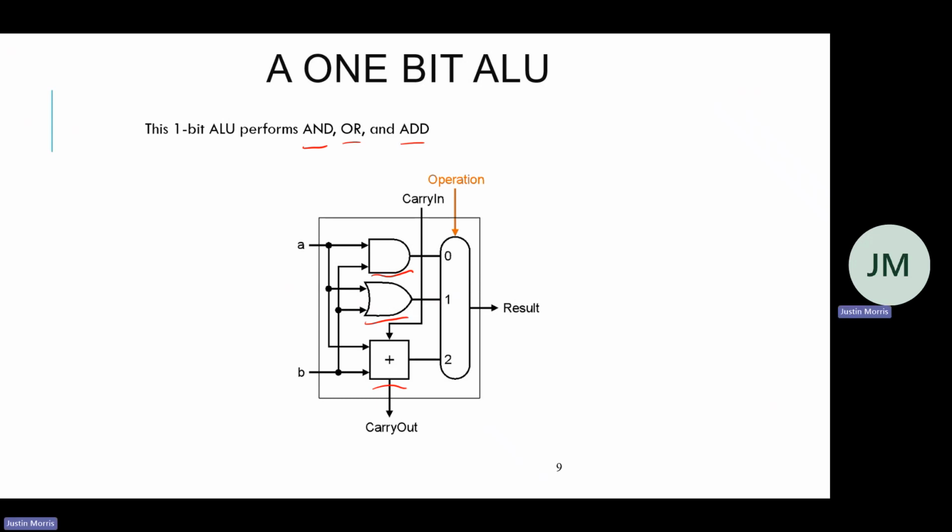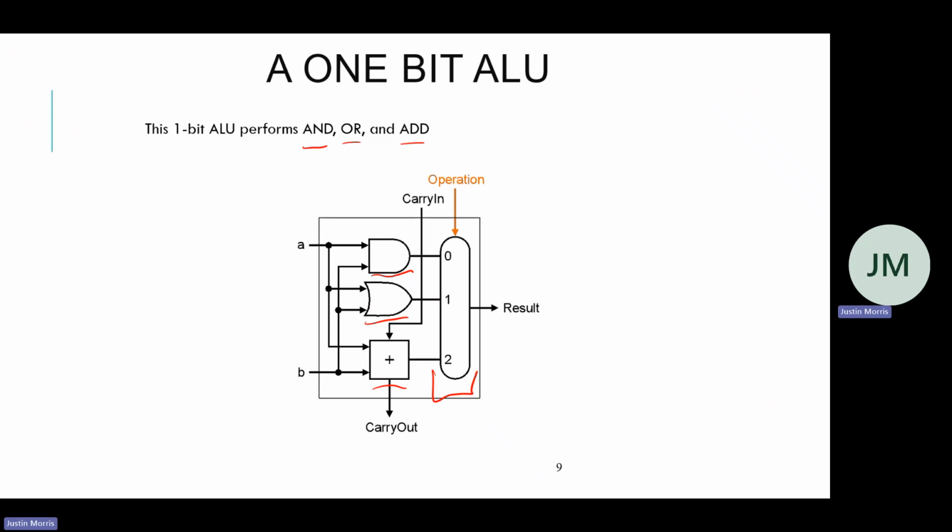And then in order to select which one is the right operation, we have a mux at the end. So in these ALU blocks, all three of these operations always occur. It's just that you select one as the end result.